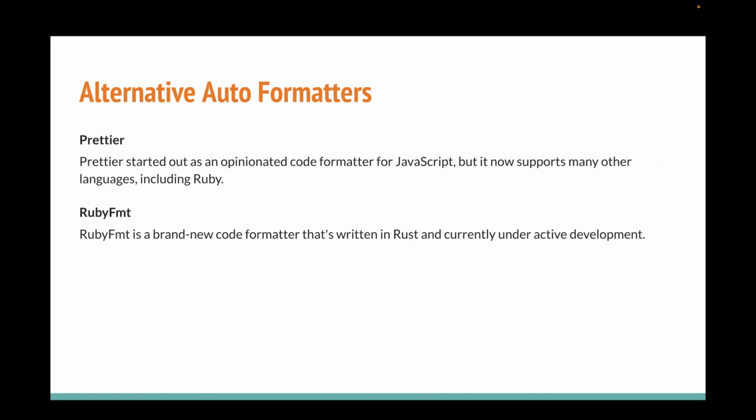And Ruby FMT is a brand new code formatter that is written in Rust, and it is currently under active development. Though I have mentioned the alternative auto formatters here, I highly prefer Rubocop because it is really configurable. It is really flexible, and we can configure Rubocop according to our needs, according to the project need. So Rubocop is highly preferable.